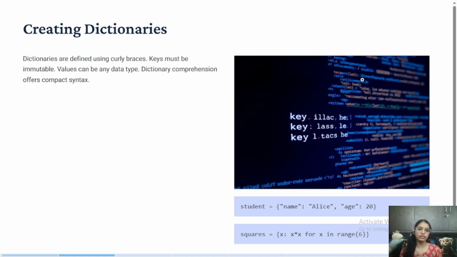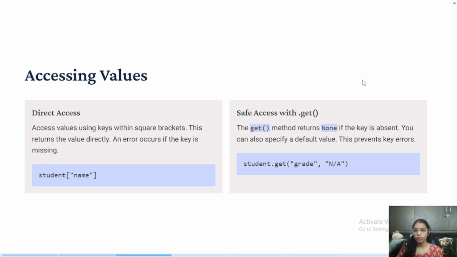As you can see in the example, in a student variable we are storing a dictionary in curly braces. Here, name is the key, Alice is the value, and again separated by a comma, age is the key, and 20 is its value, respectively.